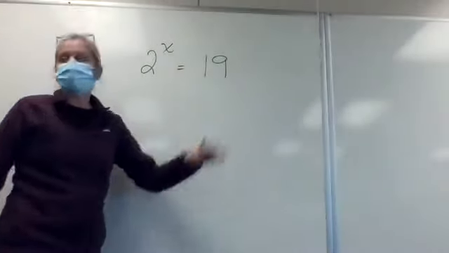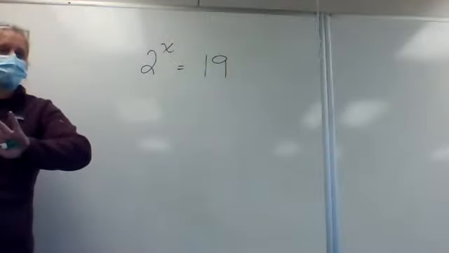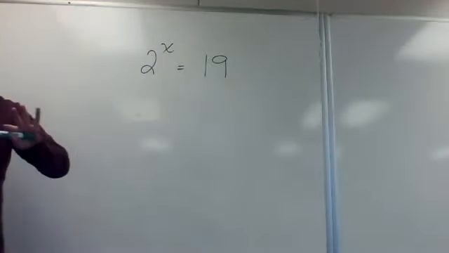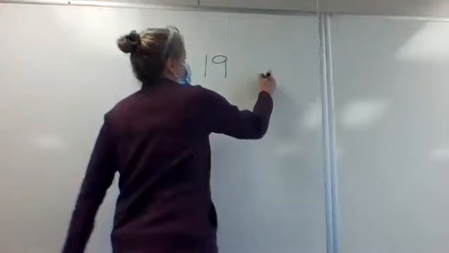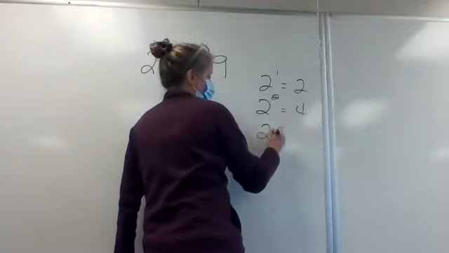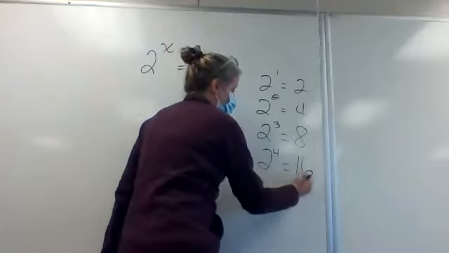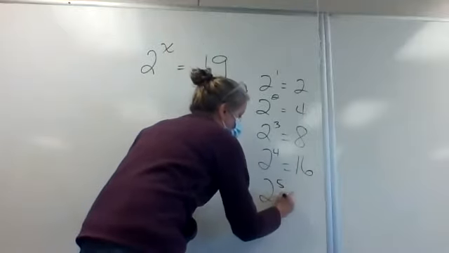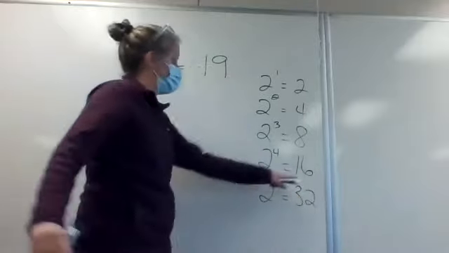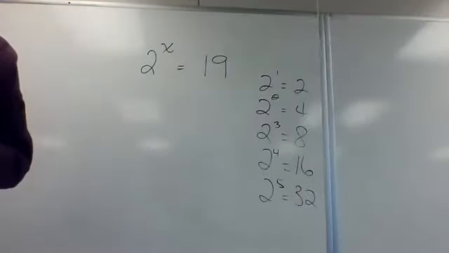You're not going to be able to write 19 with a base of 2; you'll pass over it. 2 squared is 4, 2 to the third power is 8, 2 to the fourth is 16, but then 2 to the fifth is 32. So you're skipping over 19, and we can't use that method.